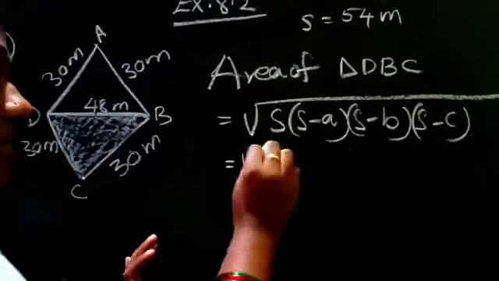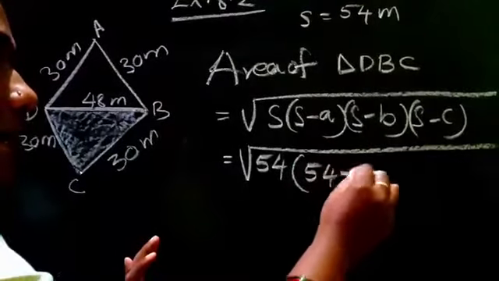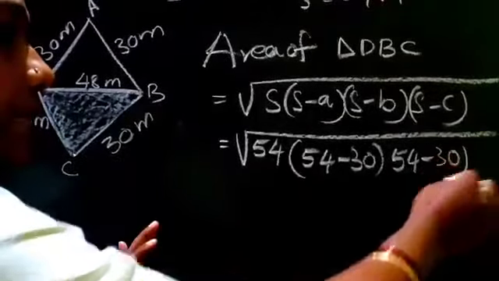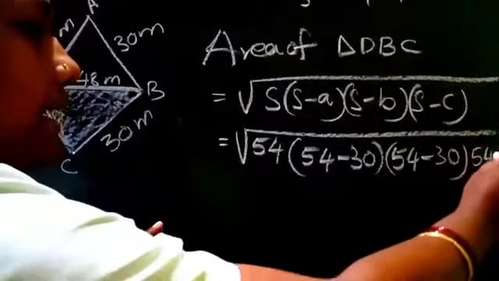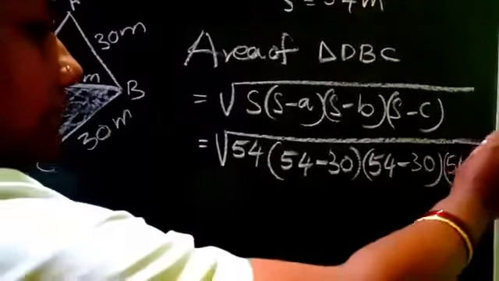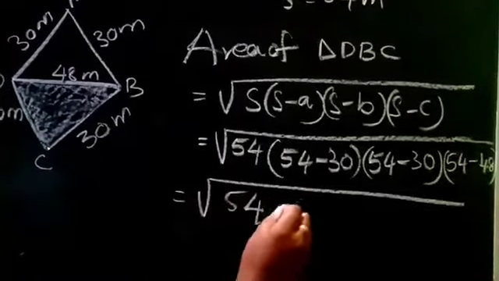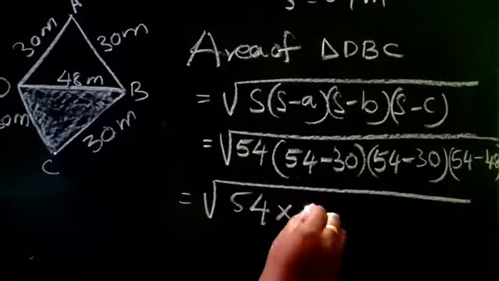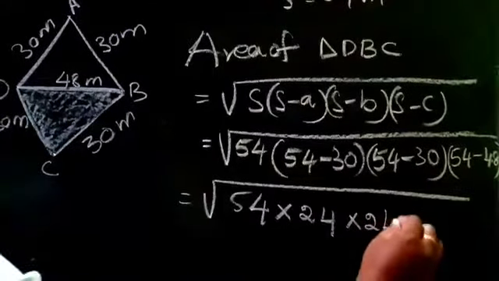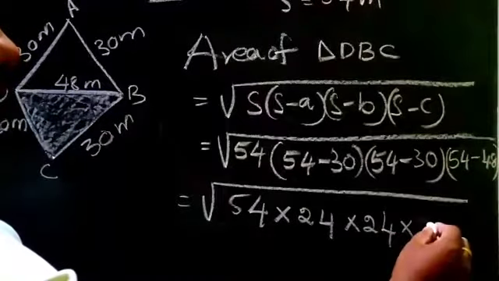So apply here square root of 54, into 54 minus A, which is 30, 54 minus 30, into 54 minus C, which is 48. So square root of 54 into 24 into 6. 54 minus 30 is 24, and 54 minus 48 is 6.